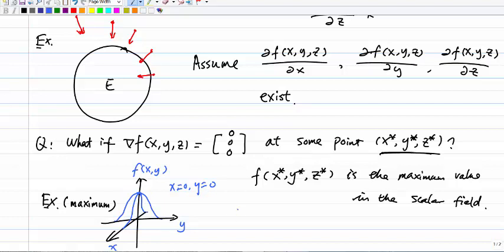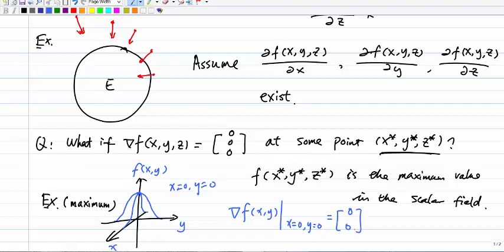Then the gradient of f(x, y), at x equals 0 and y equals 0, will be equal to (0, 0). So what does this mean?